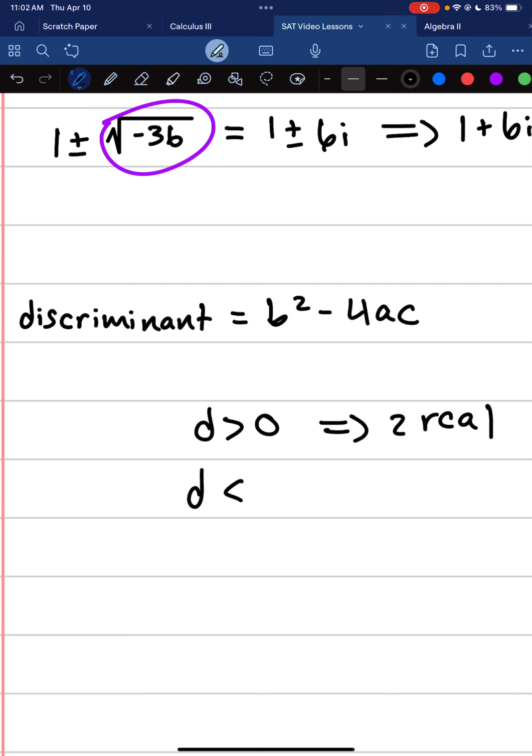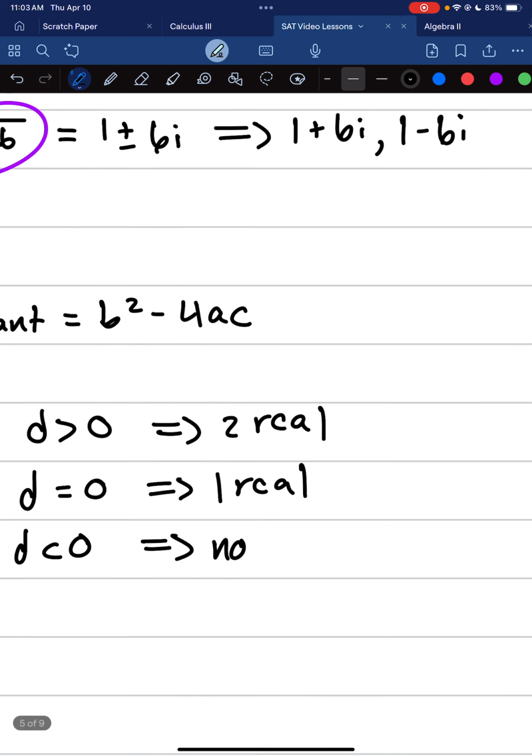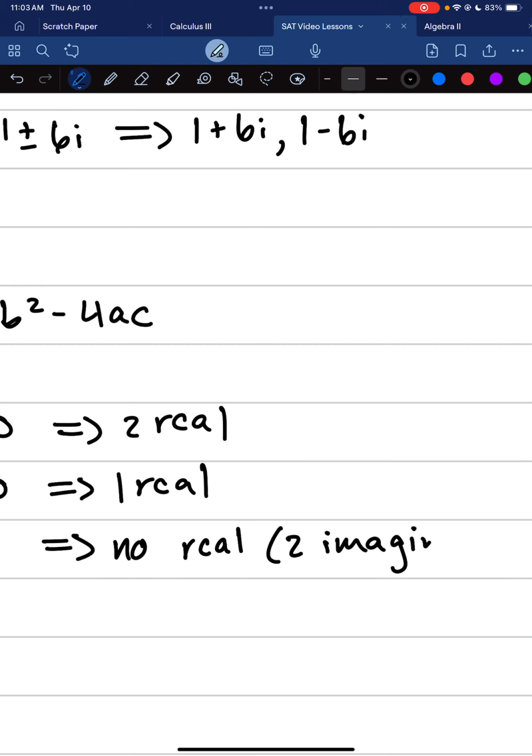When it's equal to 0, you're going to have one real solution, and when it's less than 0 or negative, you're going to have no real solutions. And you're going to have two imaginary solutions.